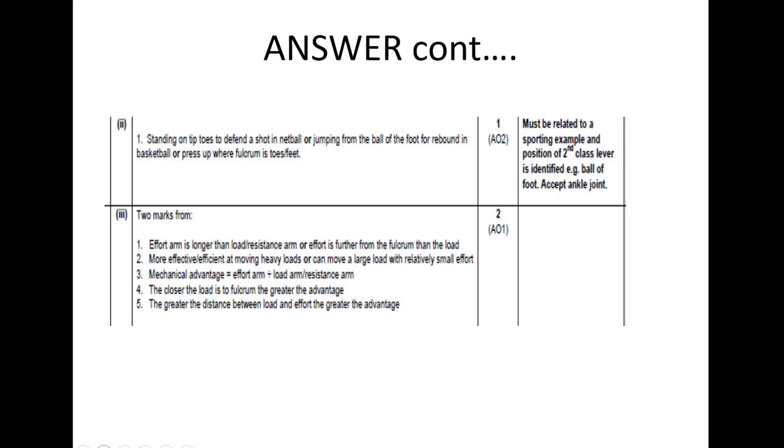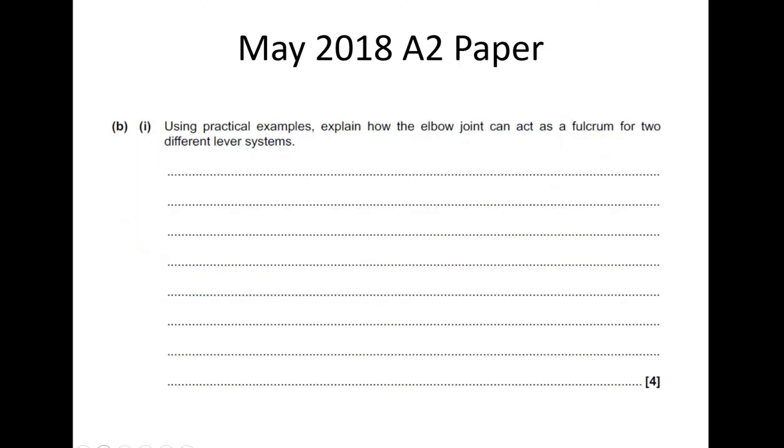Mechanical advantage is effort arm divided by load arm. The closer the load is to the fulcrum, the greater the advantage, or the greater the distance between load and effort, the greater the advantage. So there's lots of different ways of saying essentially the same thing, but you'll get 2 marks for saying 2 of those points. Okay, so one final exam question, 4 marks, 4 minutes, pause the video, off you go.